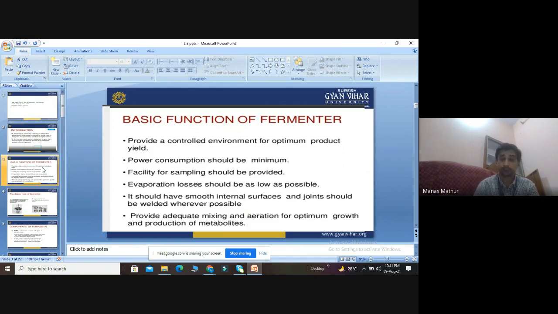I will repeat the main basic functions of a fermenter: provide a controlled environment for a good yield, least use of electricity, proper sampling facility, no loss of water, a polished and smooth internal surface, and no open joints, which should be welded wherever possible. It should provide adequate mixing and aeration for optimum growth and production of metabolites.